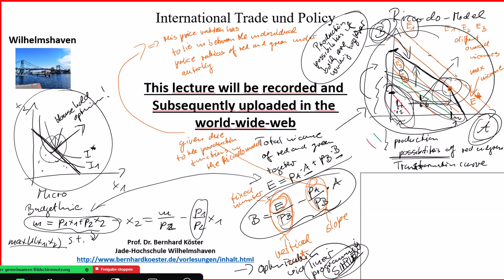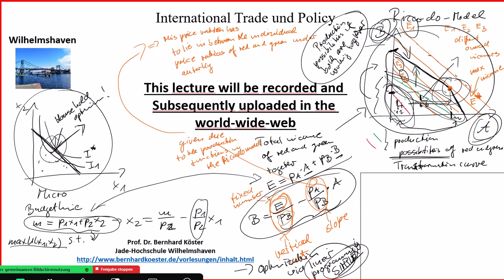And then you think, well, if you want to have not only B, but also A, then you can ask which of the two countries should start with the production of A. Well, of course the one with the flatter slope, because if it is going to the right by 1 unit, the reduction of B is smaller than in the country where the transformation curve is steeper.